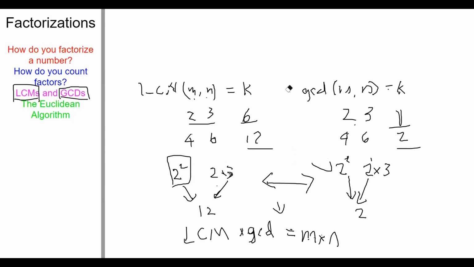So if we look at the 4 and 6, the 2 squared and the 2, they're corresponding. And then in the LCM, you choose the 2 squared. And in the GCD, you choose the 2. And with this 3 to the 0 and 3 to the 1, in the LCM, you take the 3 to the 1, and in the GCD, you take the 3 to the 0.